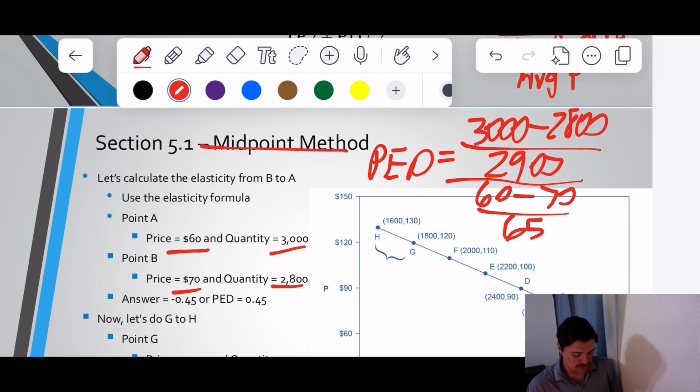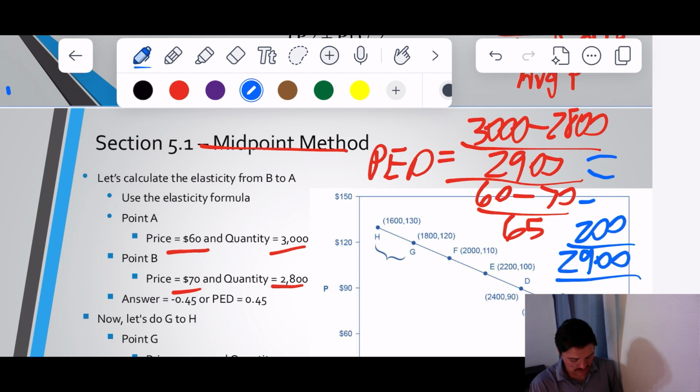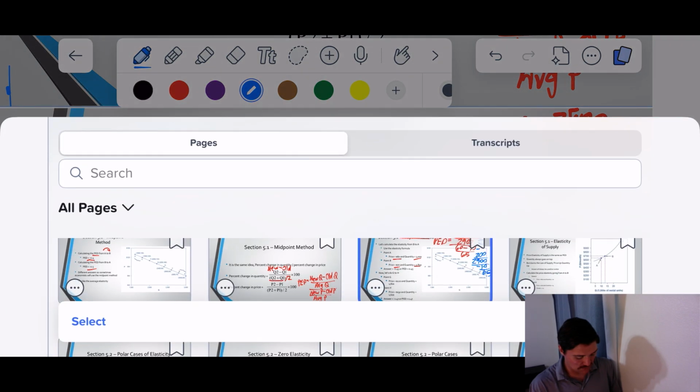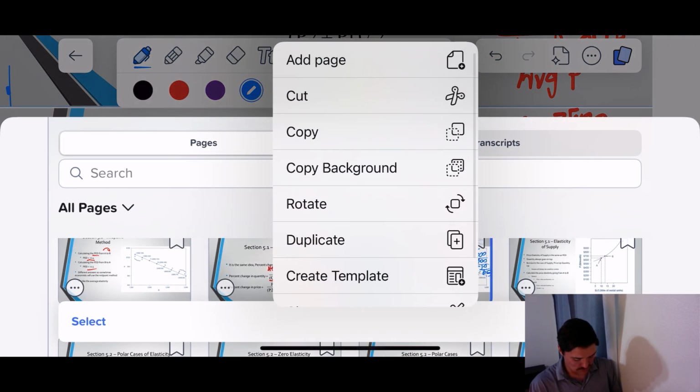Okay. So then, again, we're just working top down here. So if you were to equal this out, 3000 minus 2800 is 200 divided by 2900, and then we'll do 60 minus 70, which is negative 10, and then divide that by 65. Let me move this down here, give us a little bit more room.